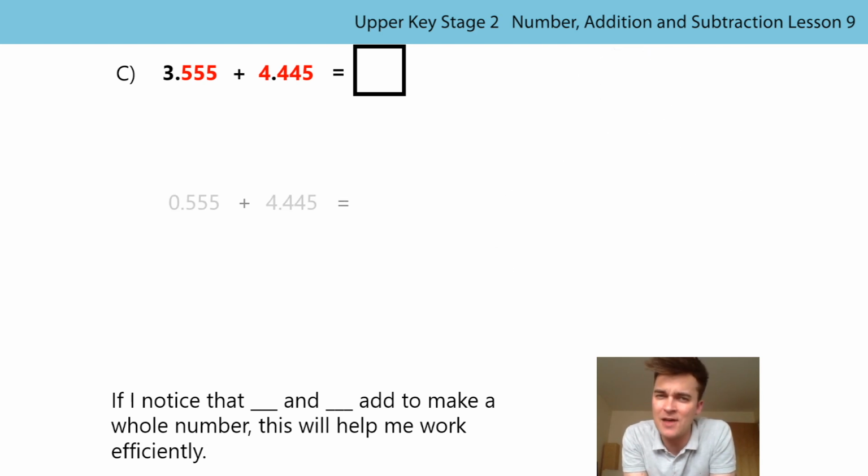So once I know that, I'm looking really closely and I can see that 0.555 and 4.445 will total 5, a whole number. That's really easy to work with now.